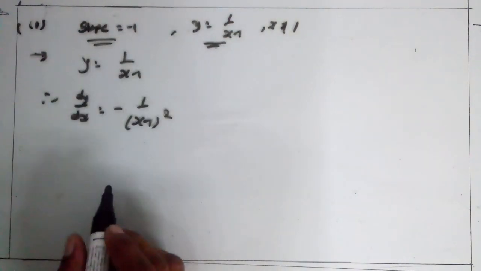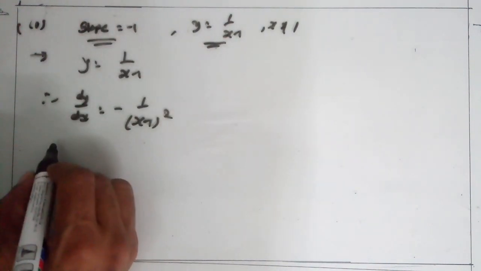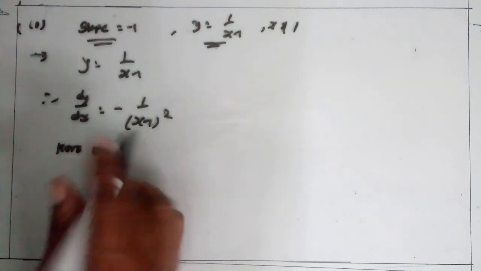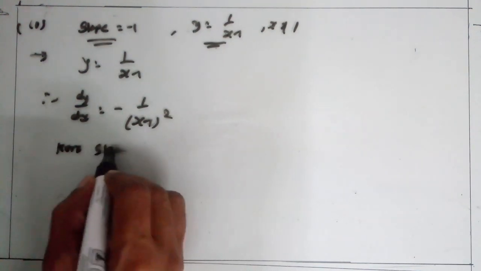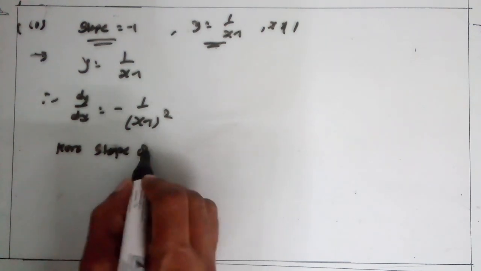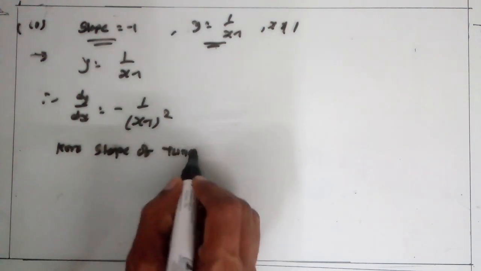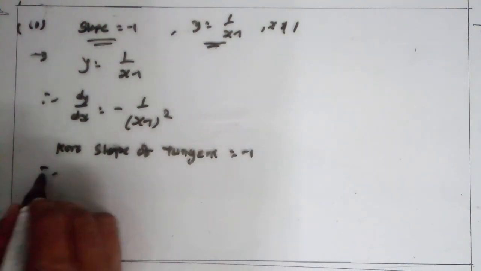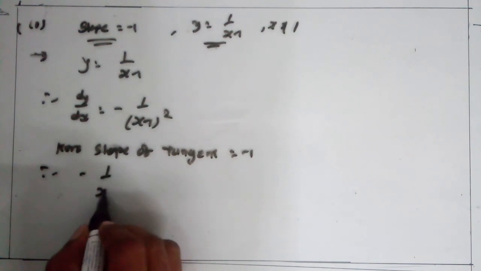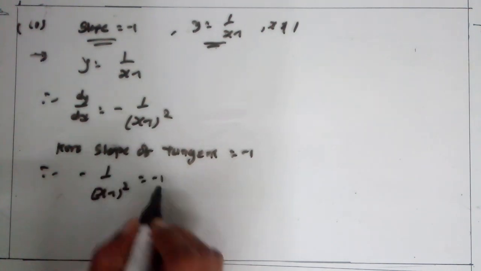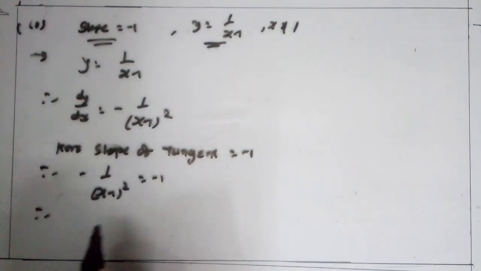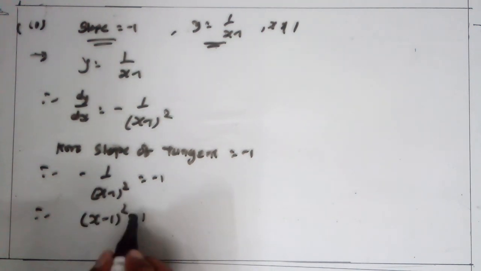And the slope of the tangent is equal to minus 1, given. Therefore minus 1 upon (x minus 1) square is equal to minus 1. So the negative signs cancel on both sides, take the reciprocal on both sides, we get (x minus 1) square is equal to 1.